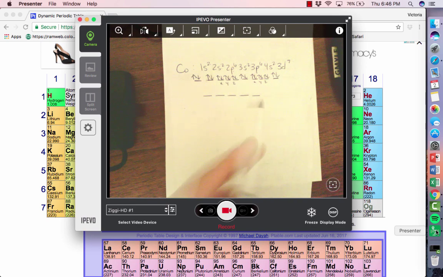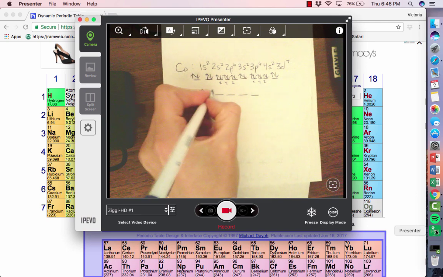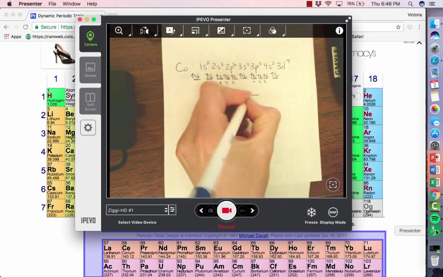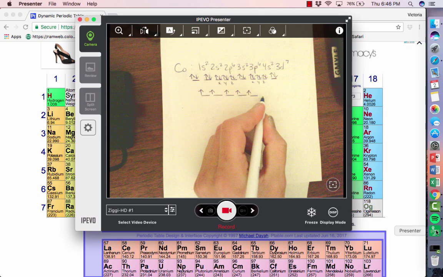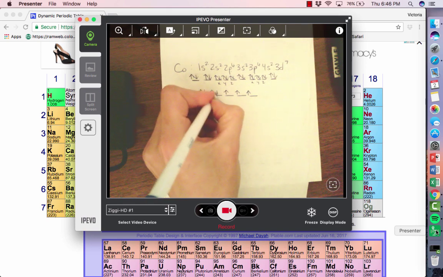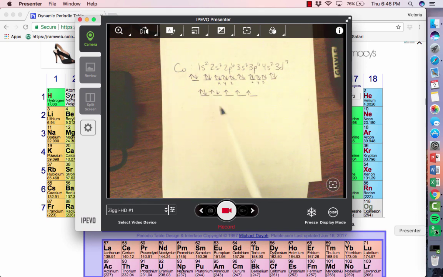You have to fill all of your ups first and then backfill with your downs. So I have 7. So I'm going to go up, up, up, up, up for a total of 5, and then backfill 6, 7. So on this one, I have 1, 2, 3 open spots, which is exactly how the energy diagram should look. And that's all there is to energy diagrams.